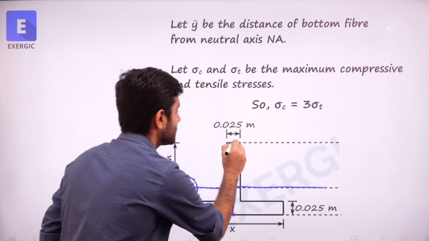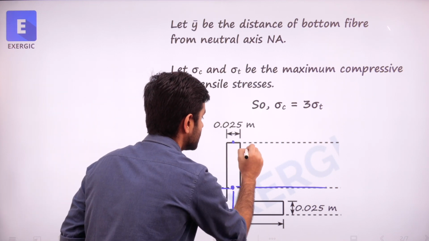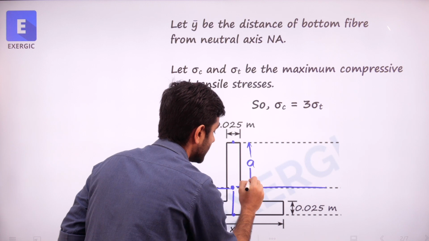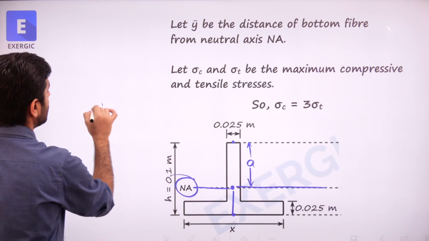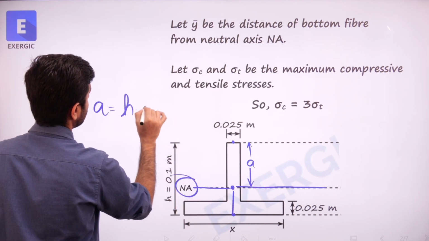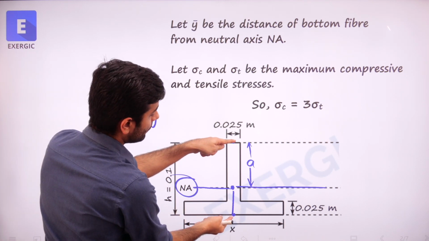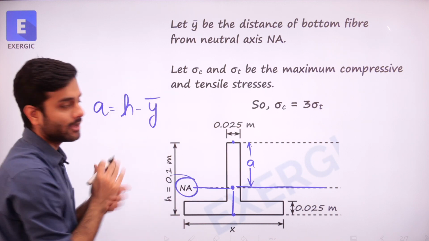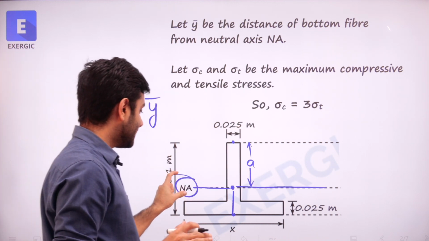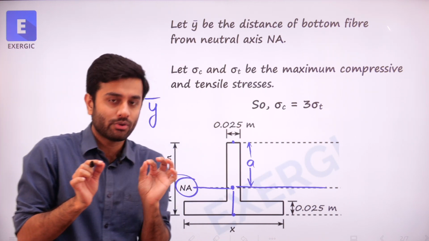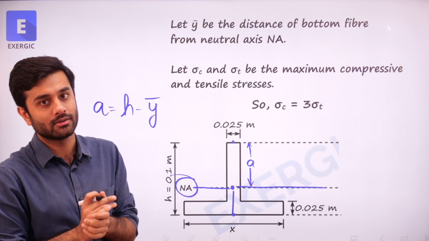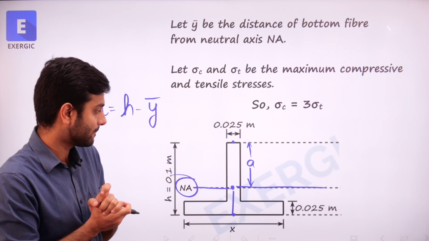And how much is this distance? Let's say this distance is denoted by a. Practically a is equal to h minus y bar, right or not? H is the total height from top to bottom point, minus y bar is equal to a, correct? So that defines the position of the neutral axis from the point of view of this section.